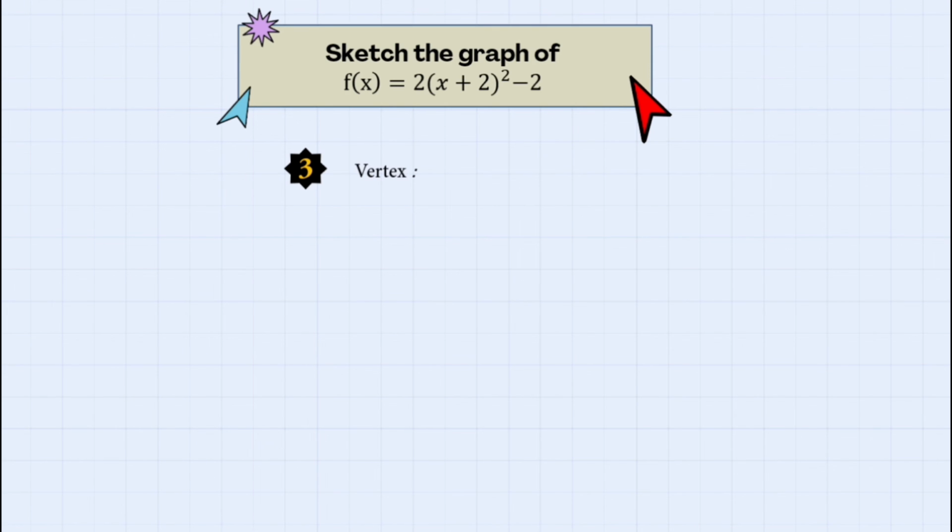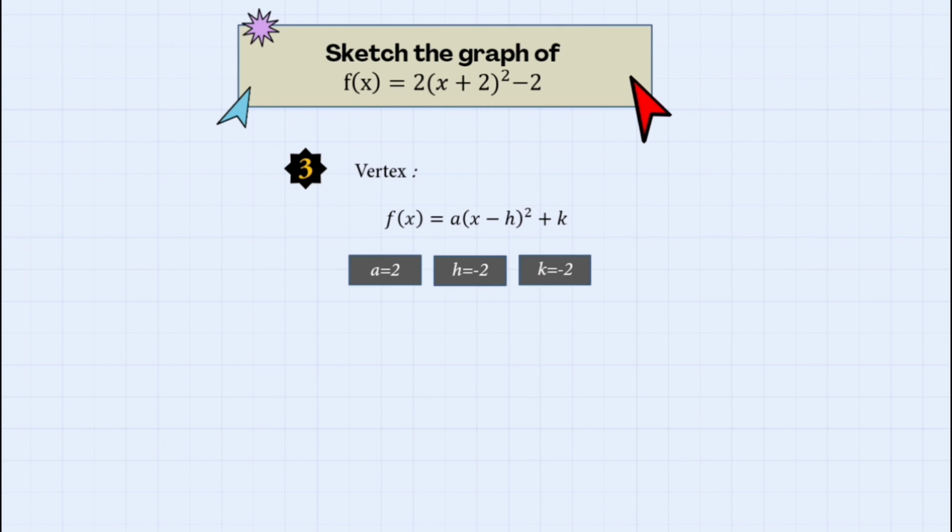Since the graph is already in the vertex form, it is easier for us to determine the value of the vertex or the minimum point, based on the values of h and k.